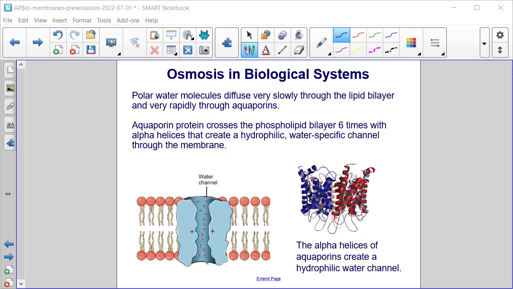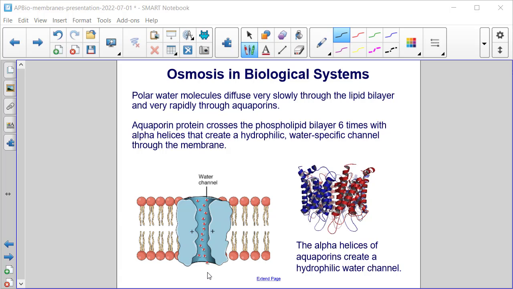Osmosis in biological systems. Polar water molecules diffuse very slowly through the lipid bilayer and very rapidly through aquaporins. Aquaporin protein crosses the phospholipid bilayer 6 times with alpha helices that create a hydrophilic water-specific channel through the membrane. So this is what the aquaporin channel looks like.